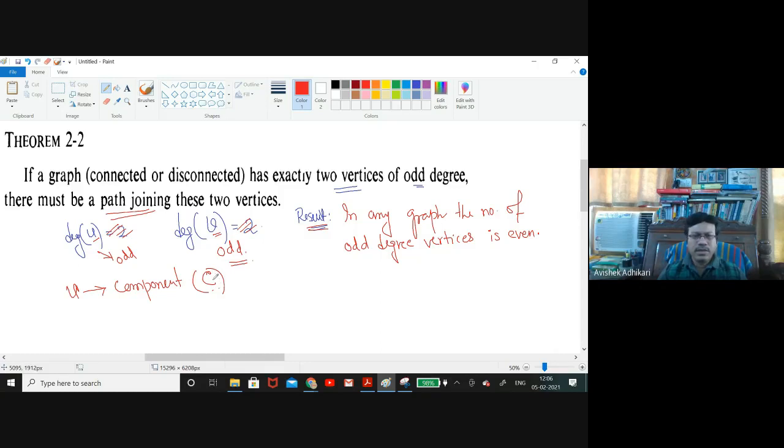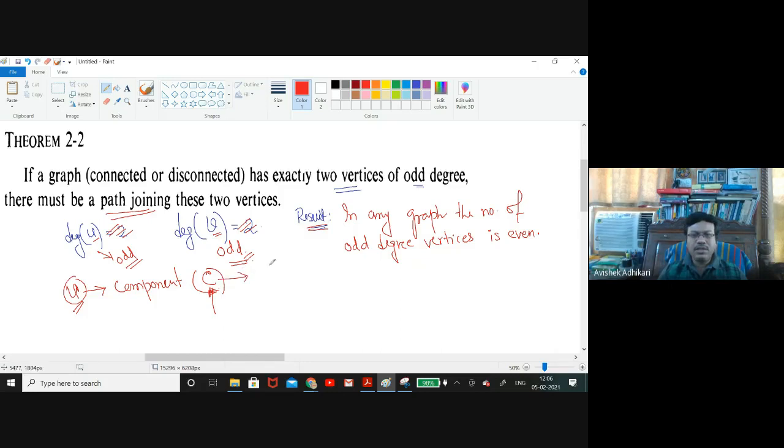Then in C there exists only one vertex whose degree is odd, because in the whole graph there are exactly two vertices of odd degree and all the remaining vertices have even degree.